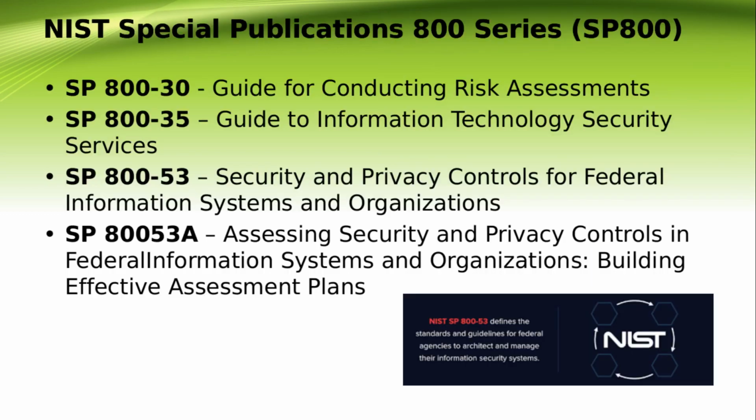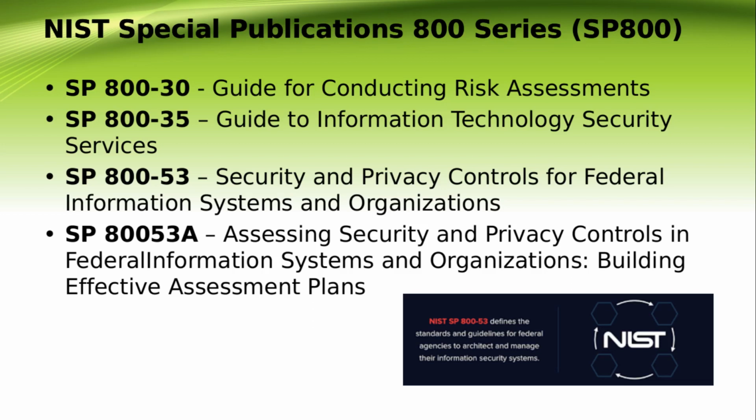So NIST Special Publications 800 series. The Special Publications 800 series presents information of interest to the computer security community. The series comprises guidelines, recommendations, technology specifications, and annual reports of NIST cybersecurity activities.